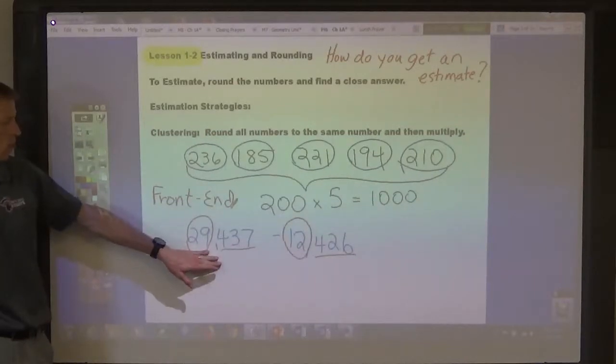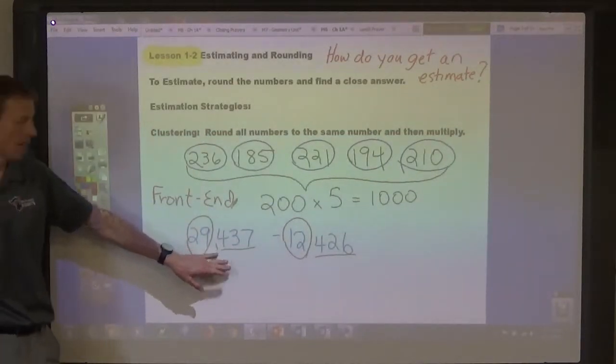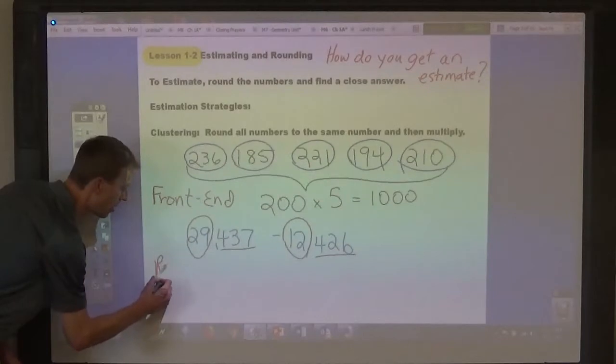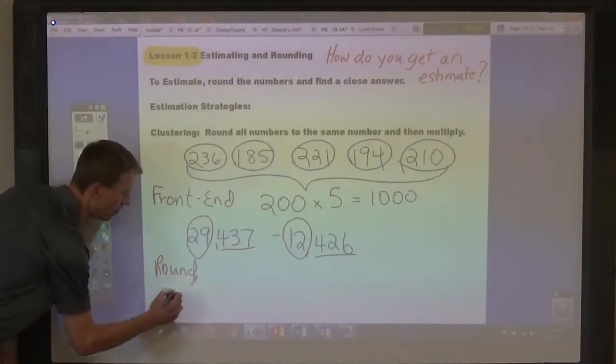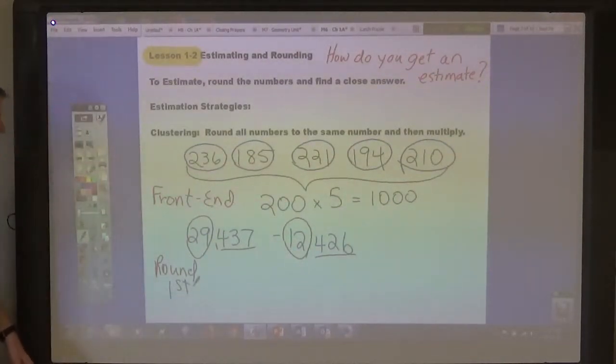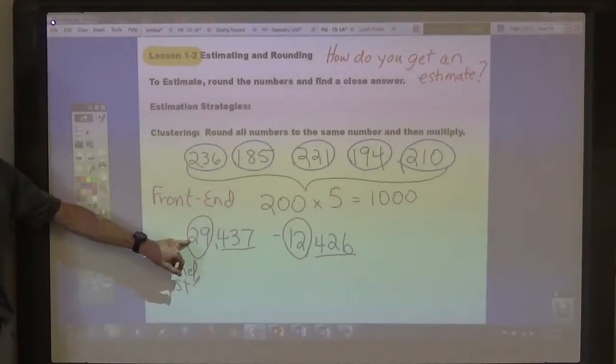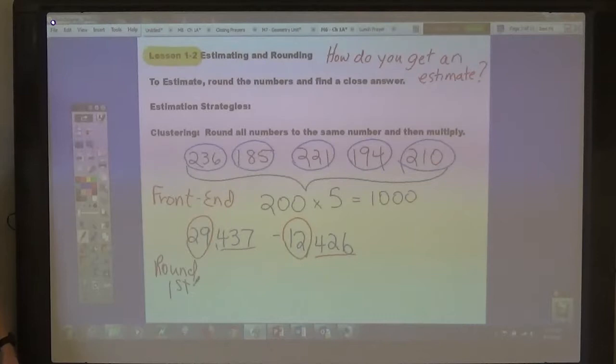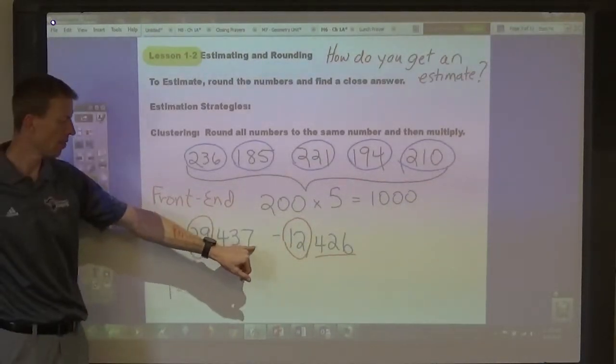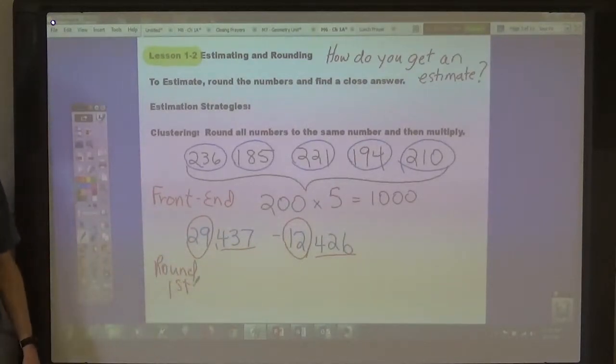Now, that's one strategy. Another strategy would be to round the numbers first. If we round the numbers first, then we would round to the nearest 10,000. In 29,437, what's the nearest 10,000?